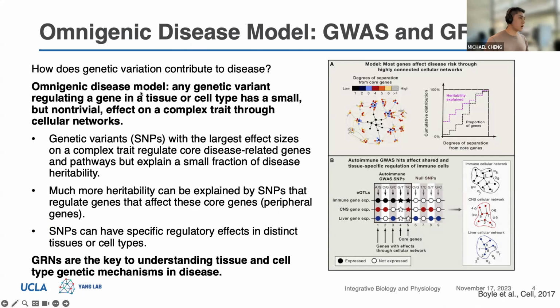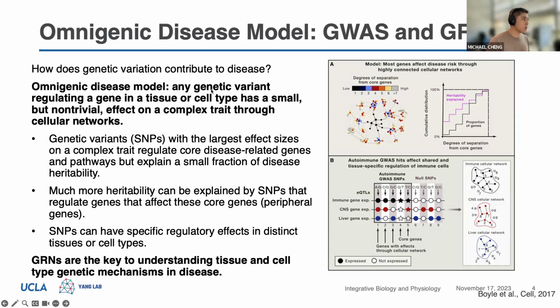This recent hypothesis or philosophy called the omnigenic disease model, posited by this paper here, Boyle et al. 2017 from Jonathan Pritchard's lab, describes it as any genetic variant regulating a gene in a tissue or a cell type having a small yet non-trivial effect on a complex trait through these different cellular networks, networks like the gene regulatory networks that we've discussed already.